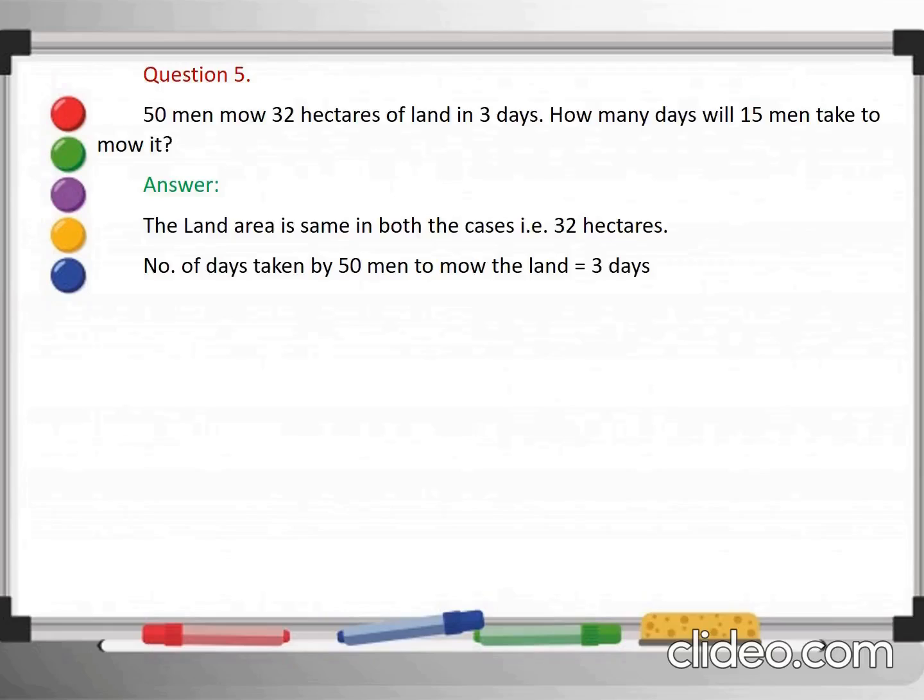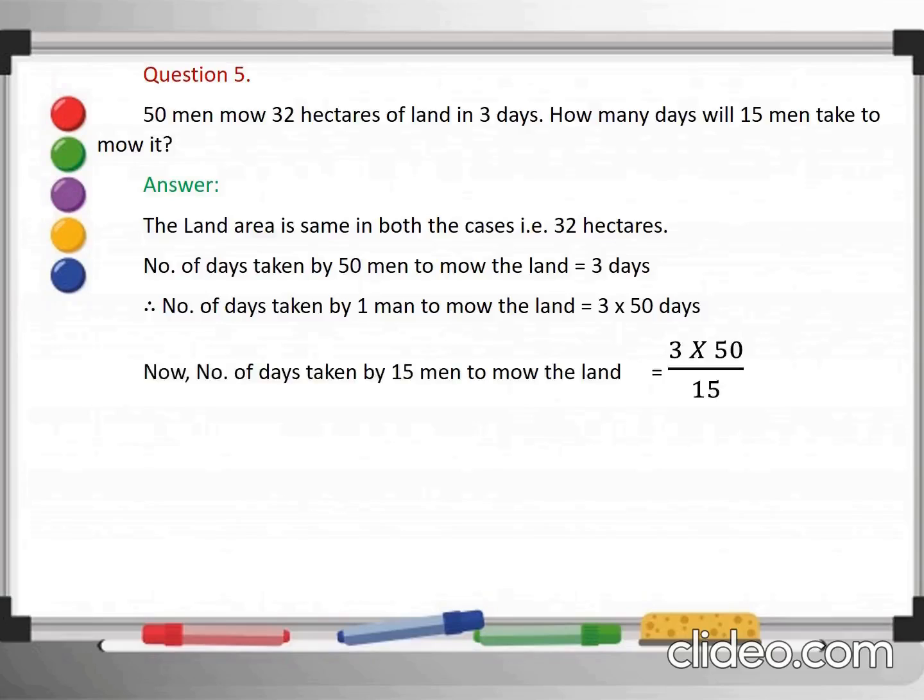Therefore, number of days taken by 1 man to mow the land equals 3 into 50 days. Now, number of days taken by 15 men to mow the land equals 3 into 50 upon 15.